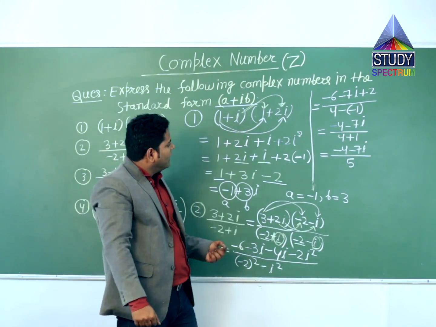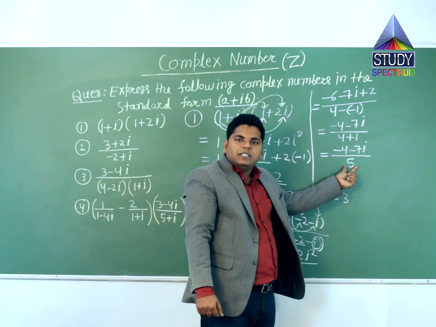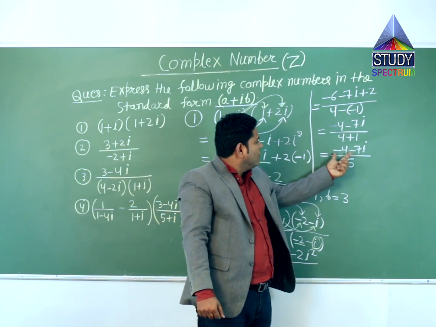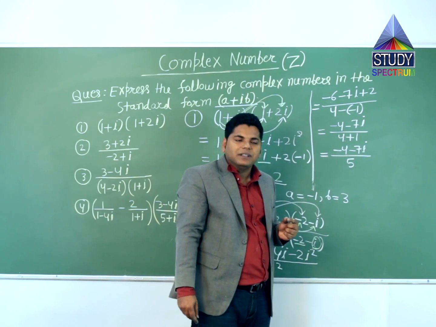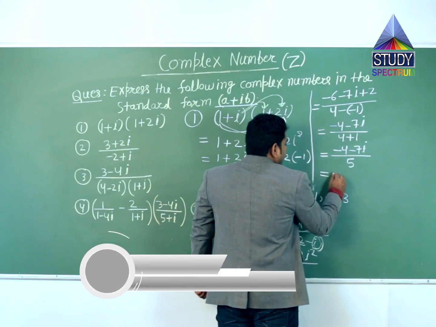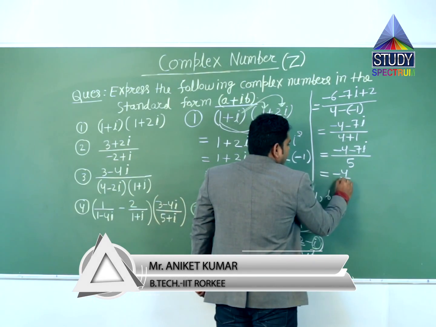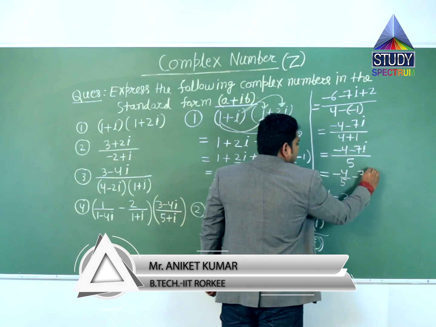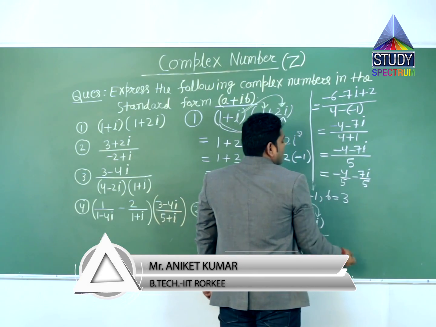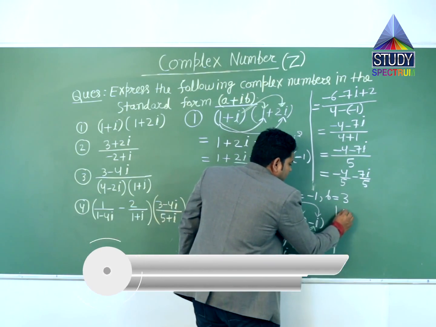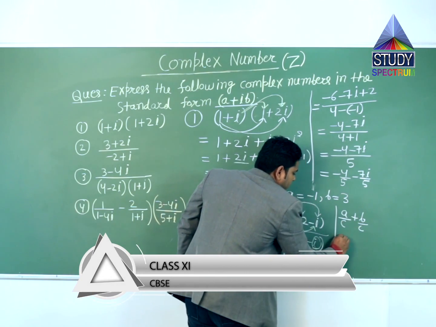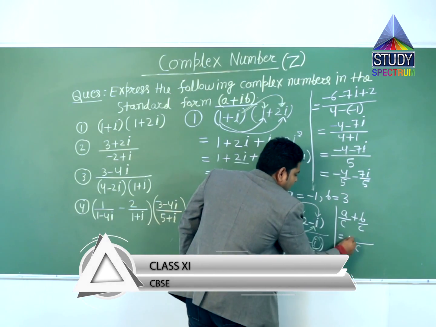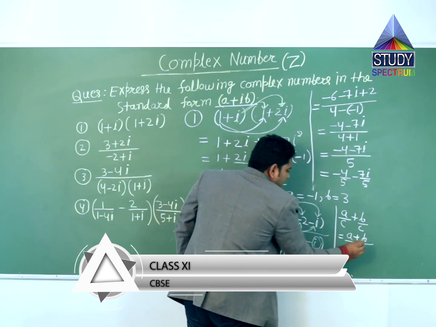Okay, when you have one term in the denominator and more than one term in the numerator, then you can separate the term. So we can write here minus 4 by 5 minus 7i by 5. Let's understand this. If you have a by c plus b by c, so if you take LCM c, so you can write a plus b.